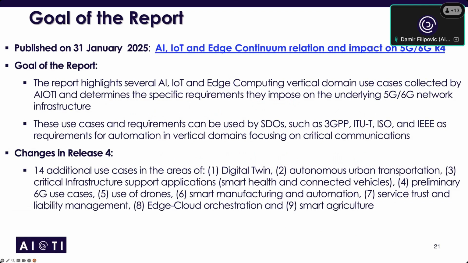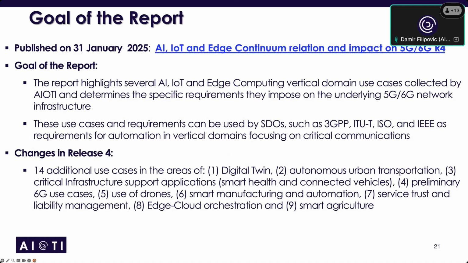update on the report. It was published pretty much in parallel with the EU projects landscape report. The goal, of course, was to highlight various vertical domain use cases, which determine specific requirements under the underlying 5G, 6G infrastructure.